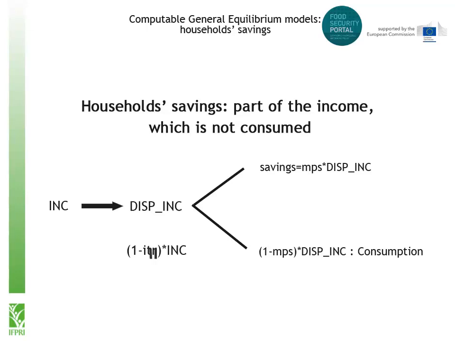It is worth noting that neoclassical economists consider that households first determine the amount of money that they want to save, while the rest of the income is consumed, while Keynesian economists consider that households first determine the amount of money they want to consume, while the rest of the income is saved.